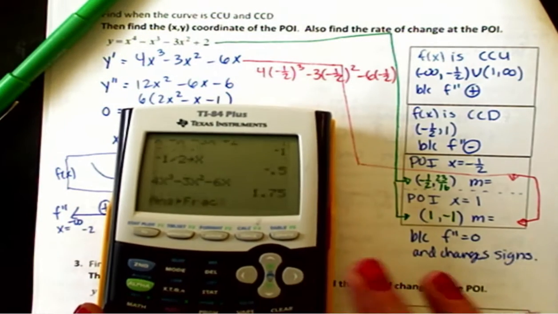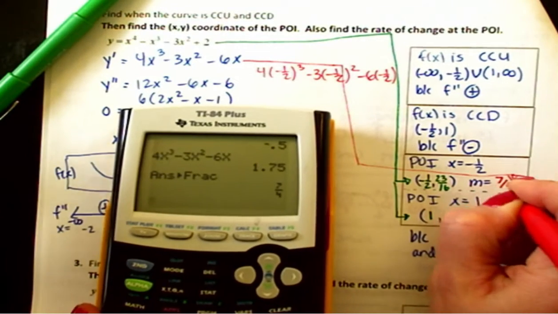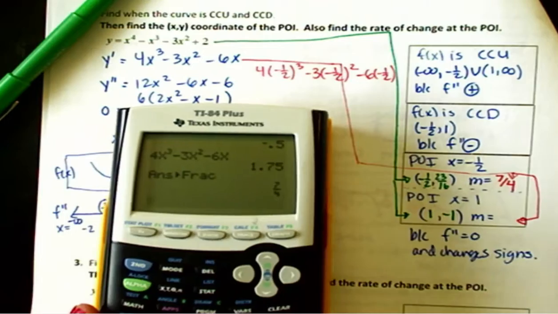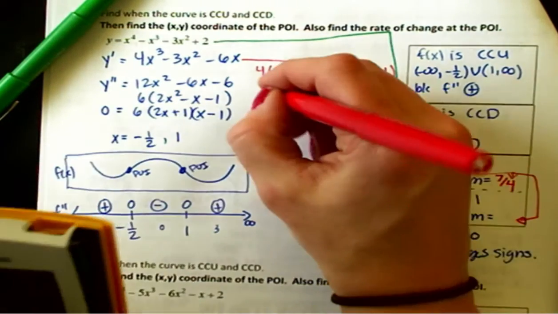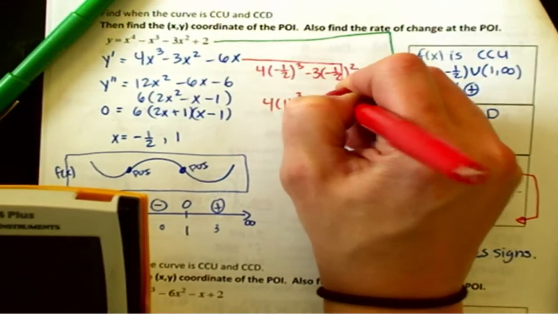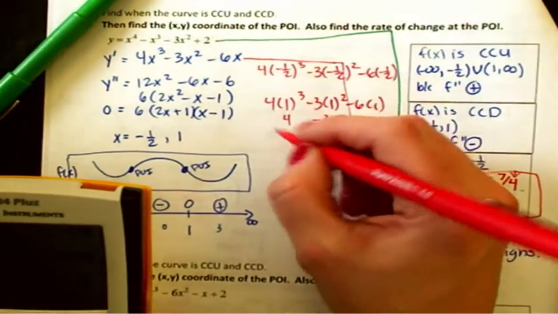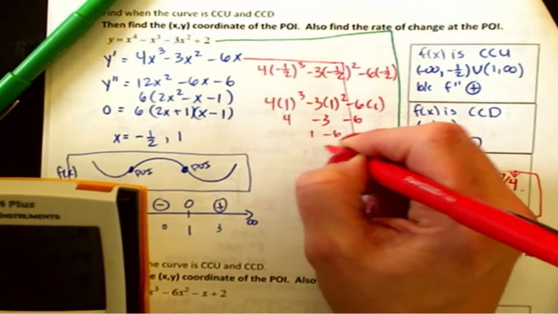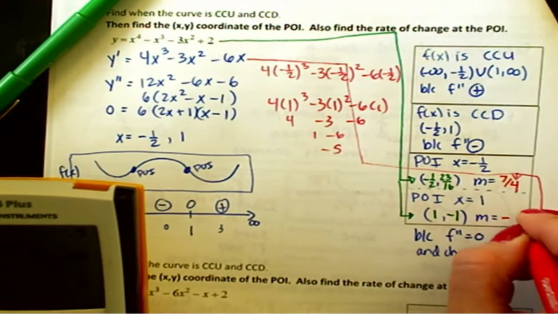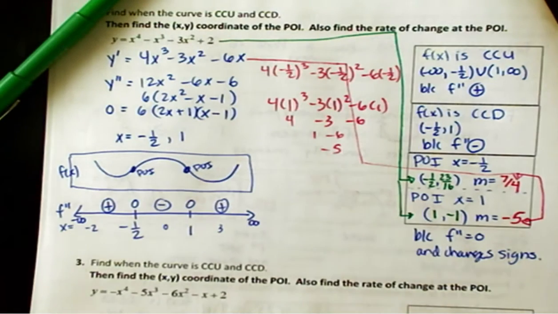Okay, math frac, 7/4. Okay, I'm going to evaluate again for positive 1. I can do positive 1 in my head. I don't need my calculator for that. 4 minus 3 minus 6. -5. Right? You don't always have to use your calculator. You can just evaluate by hand.